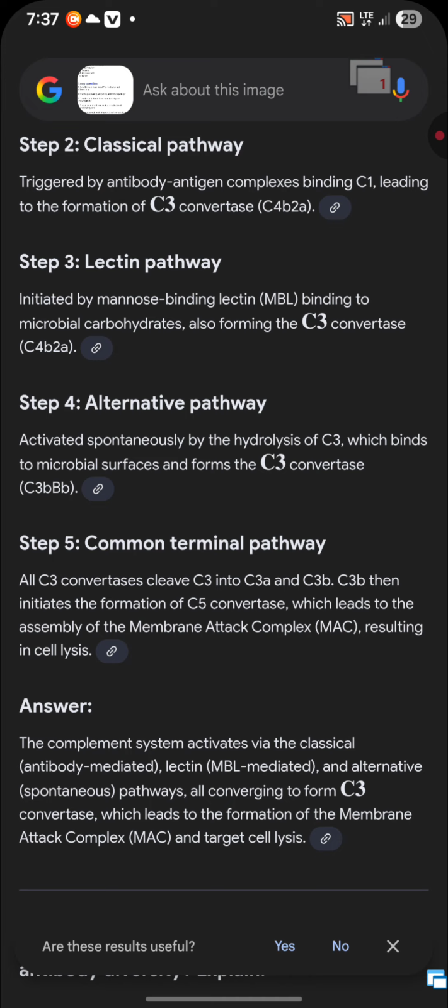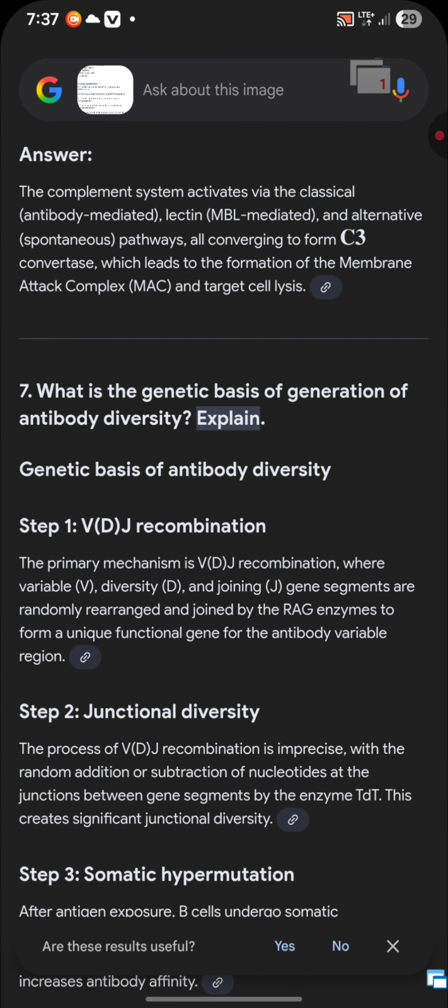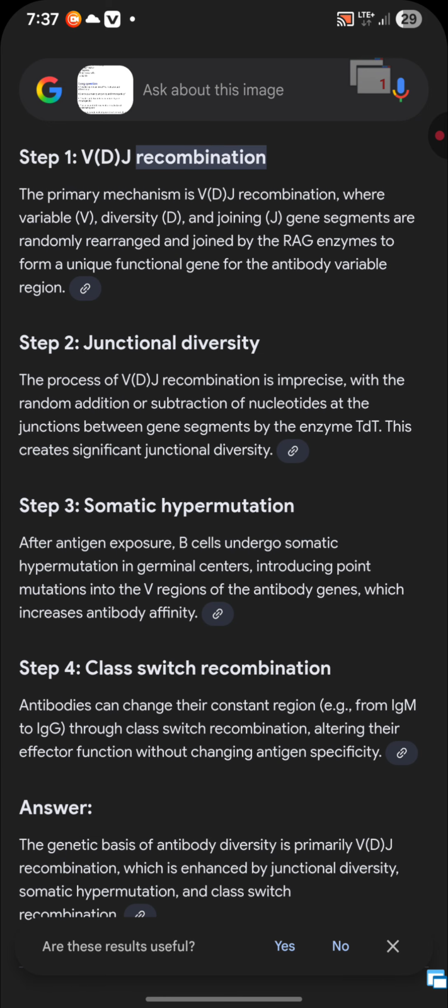7. What is the genetic basis of generation of antibody diversity? Explain. Genetic basis of antibody diversity. Step 1. V-D-J recombination. The primary mechanism is V-D-J recombination, where variable (V), diversity (D), and joining (J) gene segments are randomly rearranged and joined by the RAG enzymes to form a unique functional gene for the antibody variable region.